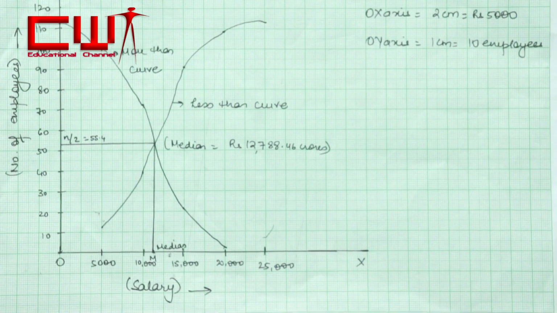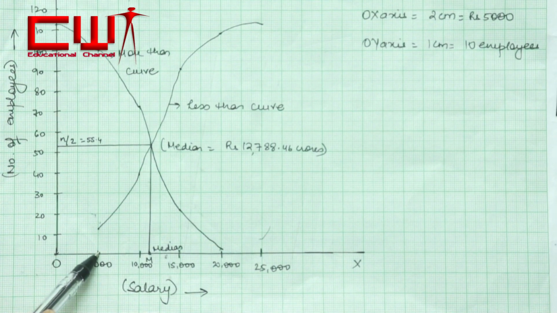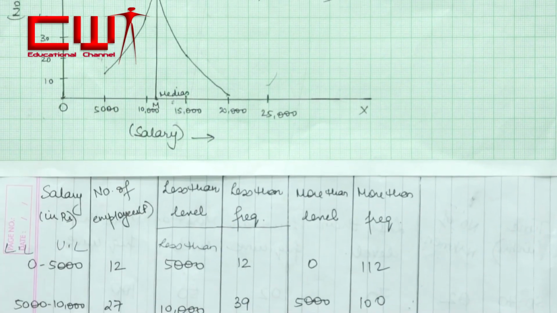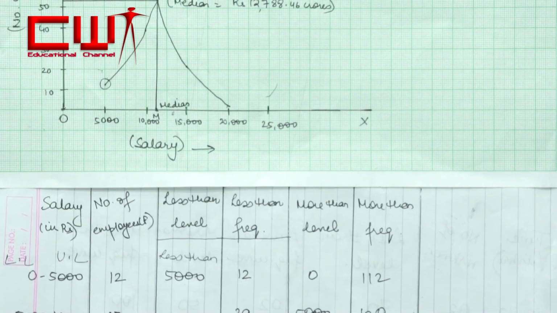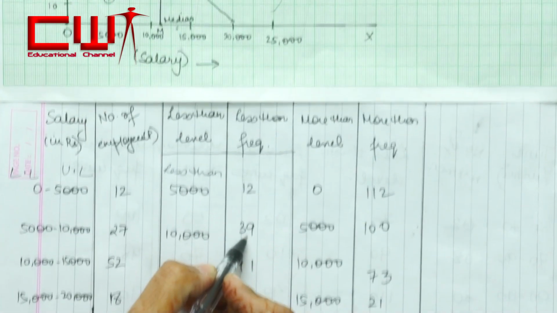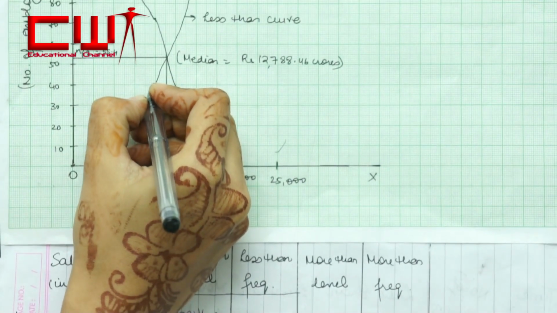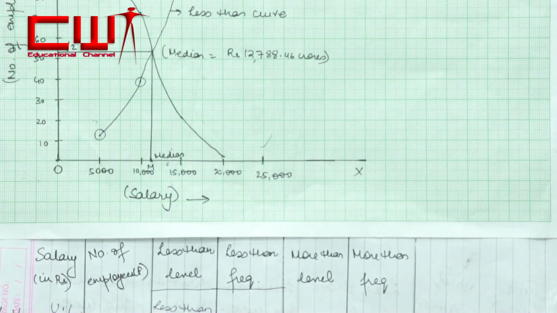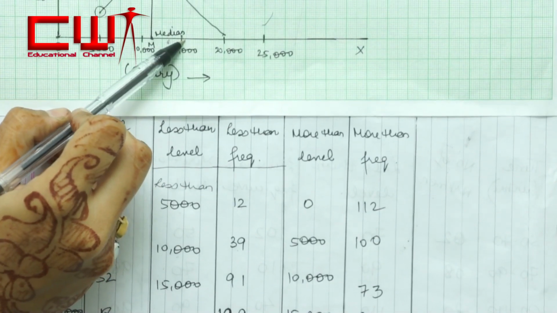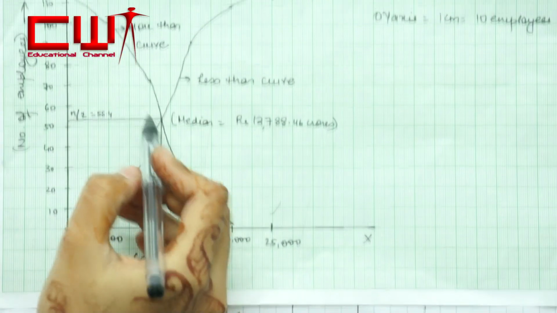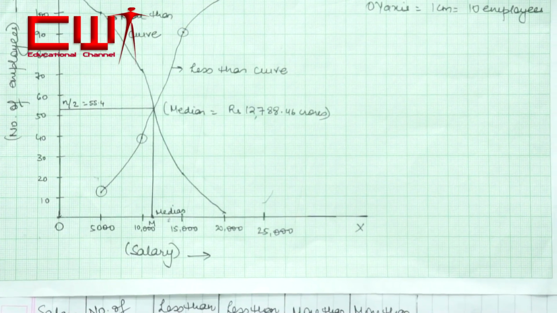Now what do you see? At the less than level 5,000, how much is it? 12. So at 5,000, you put a dot at 12. On 10,000, what is written in the less than frequency? 39. So you put a dot on 39. On 15,000 it is 91, so you put a mark on 91.